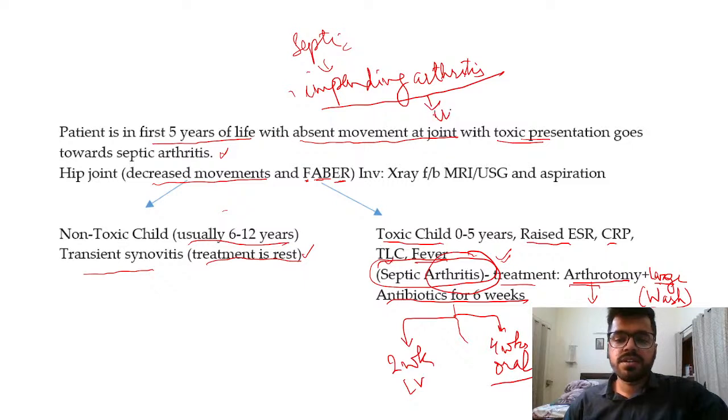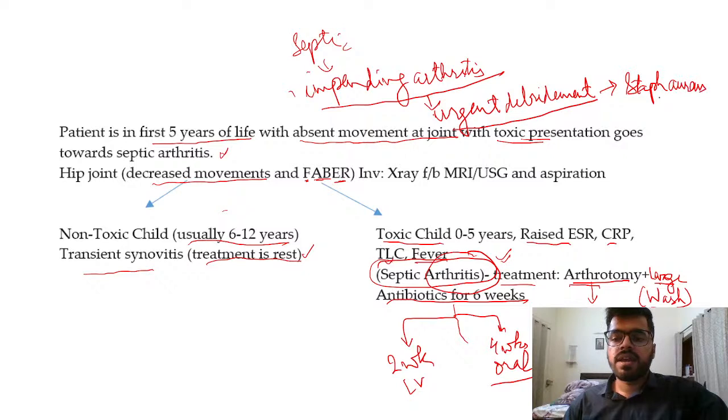It needs urgent debridement. Why? Because in septic arthritis, the most common organism is Staph aureus, and it has something called proteolytic enzymes in it, which can lead to cartilage destruction.